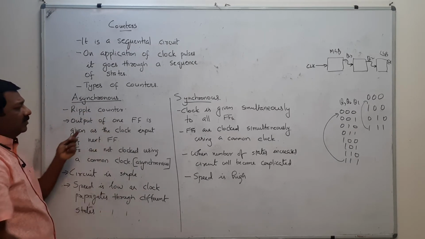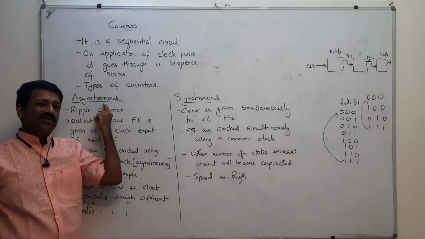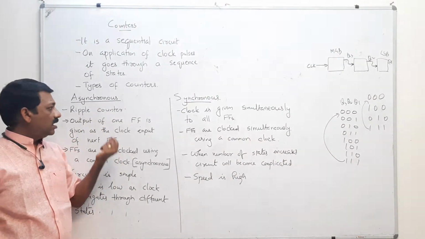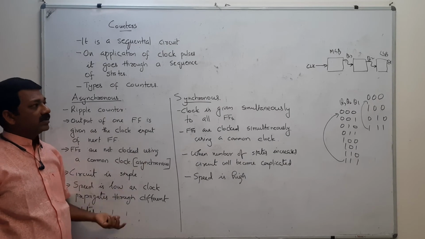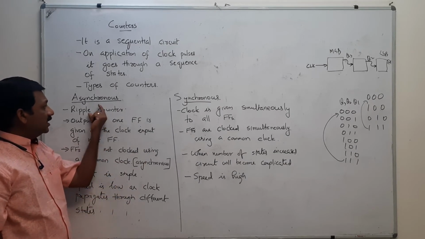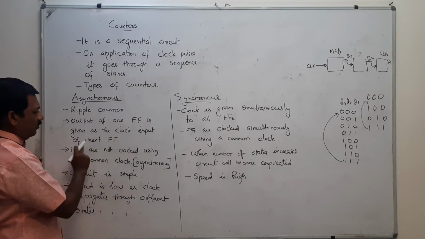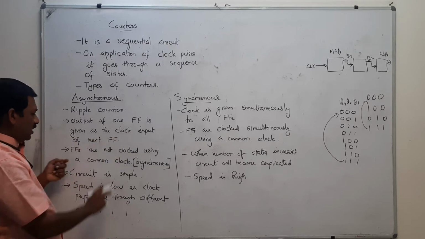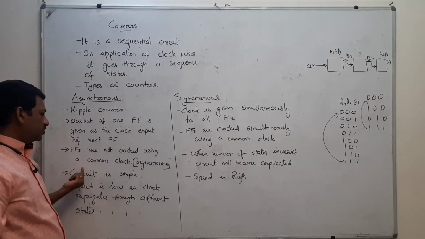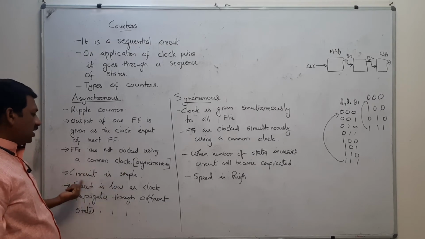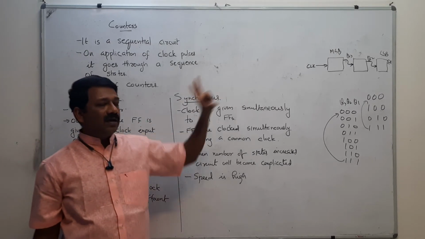Ripple counter, that means asynchronous counters have a number of limitations, and that we will discuss in detail later. Output of one flip flop is given as the clock input of the next flip flop. Flip flops are not clocked using a common clock. Circuit is simple. The design is very simple.